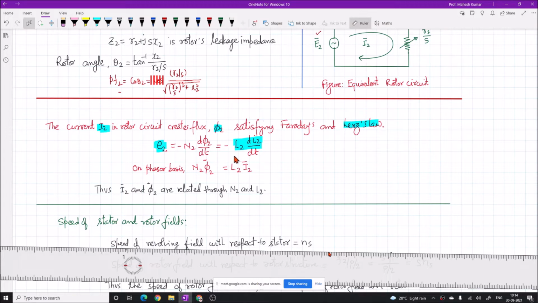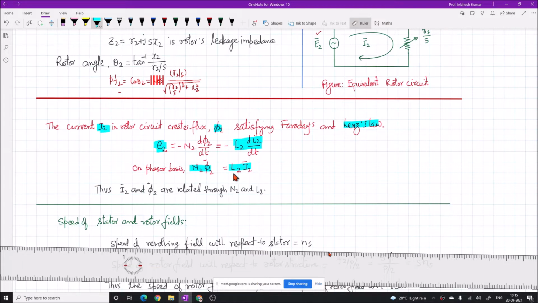So the negative sign shows the nature of the output: the effect opposes the cause. What is the effect here? The effect is the induced EMF. Therefore this implies that N2 into phi 2 equals L2 into I2. This is the relationship between phi 2 and I2. In fact, they are co-phasors and they are related through the constants N2 and L2.